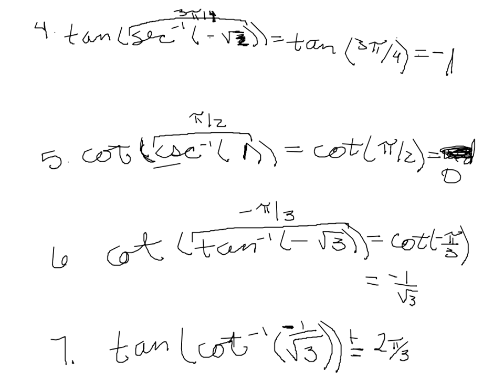And so now I'm going to look at tangent of 2 pi over 3, and that gives me minus square root of 3. Remember that inverse tangent and inverse cotangent are defined in different quadrants for the negatives.